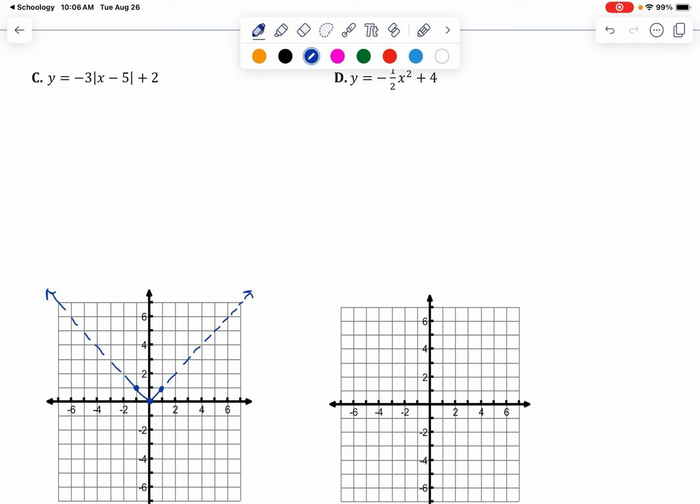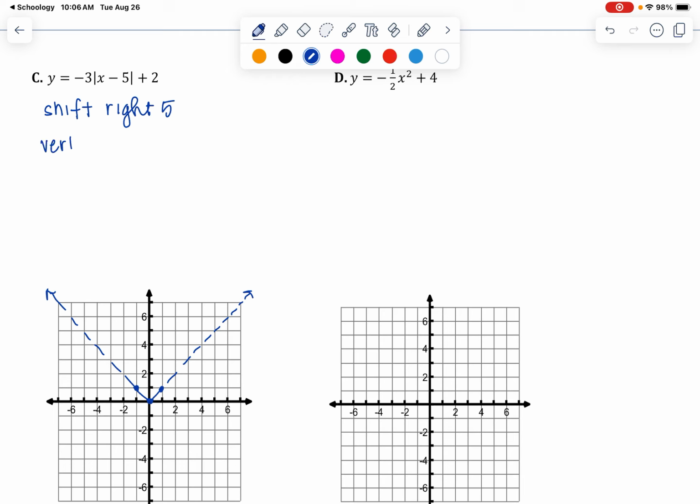So starting on the inside with our horizontal shift, we have a horizontal shift right 5. B value is 1, so don't have to worry about that. We're going to move on to our A value, which has 2 things happening. The fact that it's greater than 1, the 3 is, and then there's also a reflection. So I'm going to start with the fact that there's a 3 there.